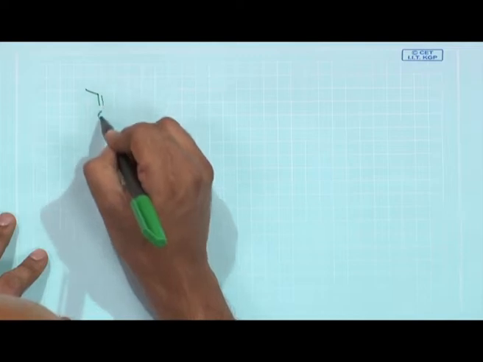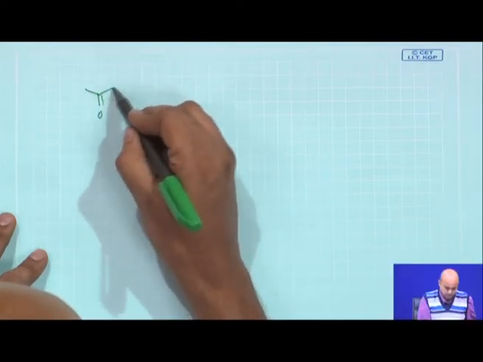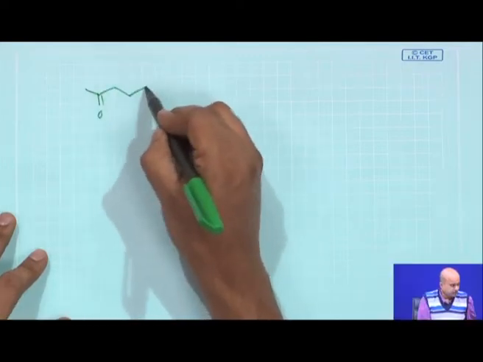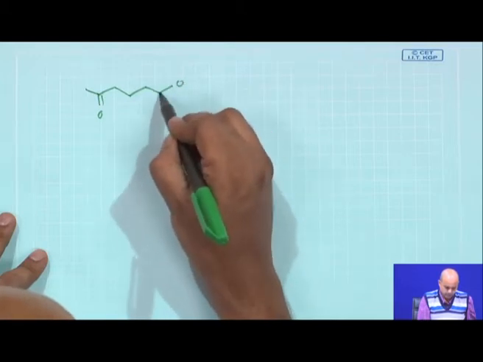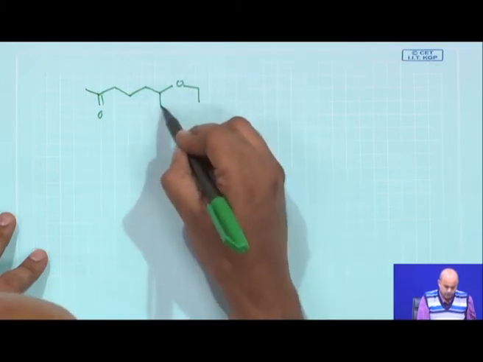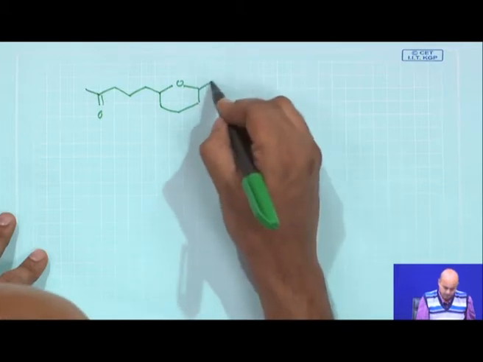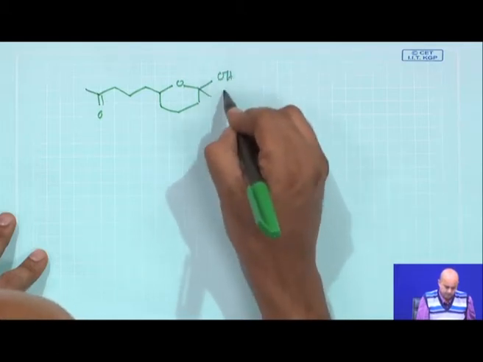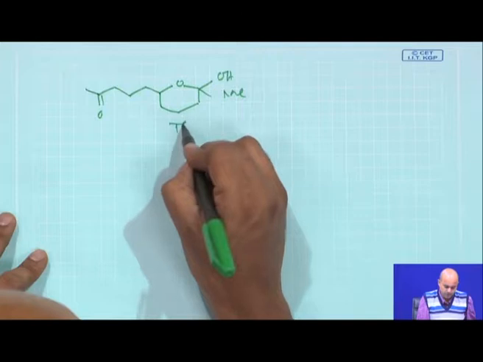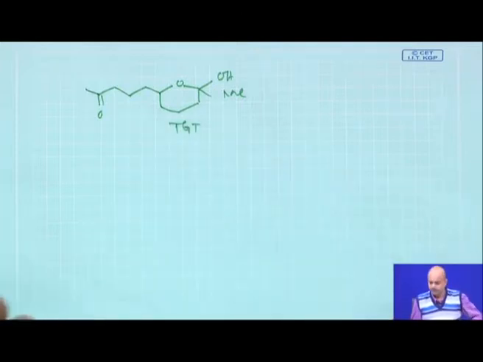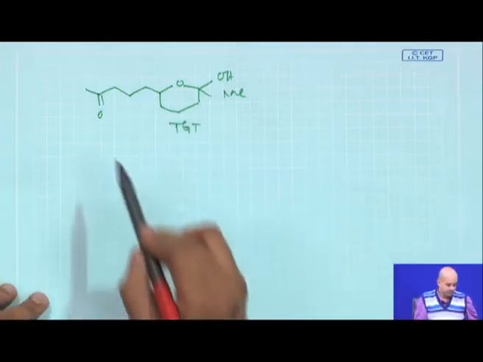Now, coming to a similar problem, we will now discuss another problem, which is also a protecting group based strategy. The compound which was given to you is a target molecule having this structure.